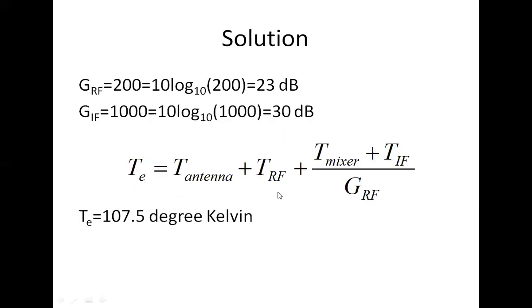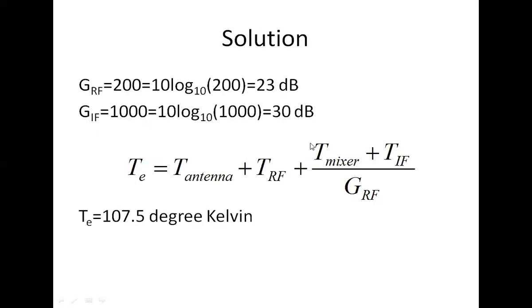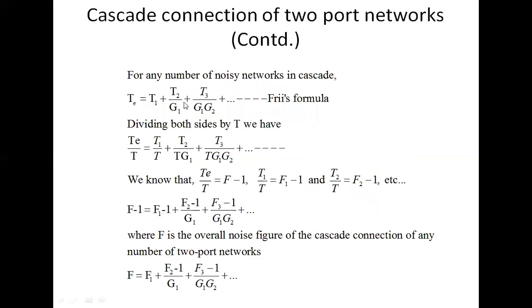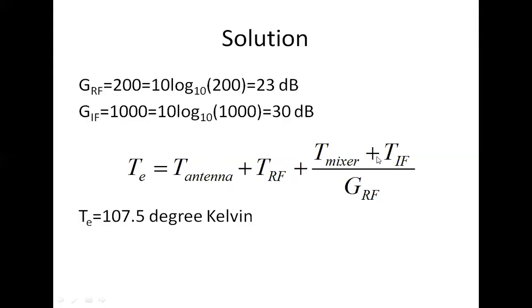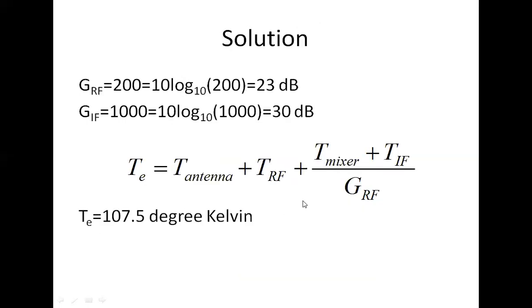So for these two, we put them as T antenna plus TRF. So this is similar to your source T1, and then T2 by G1, that is given here. T2 is what? Mixer plus IF. Together there is only one gain before that, that is GRF. Like here T2 by G1, that means G1 is related to the first device. Similarly here it is T mixer plus TIF divided by GRF.